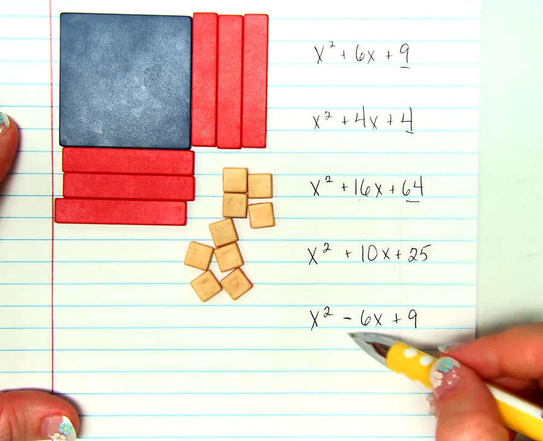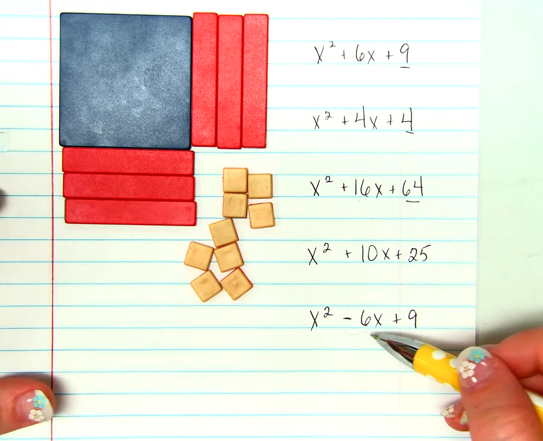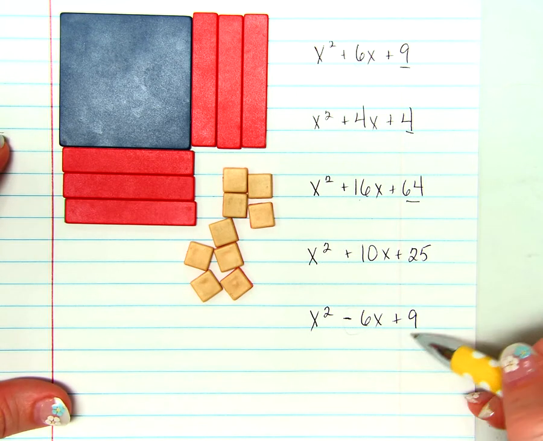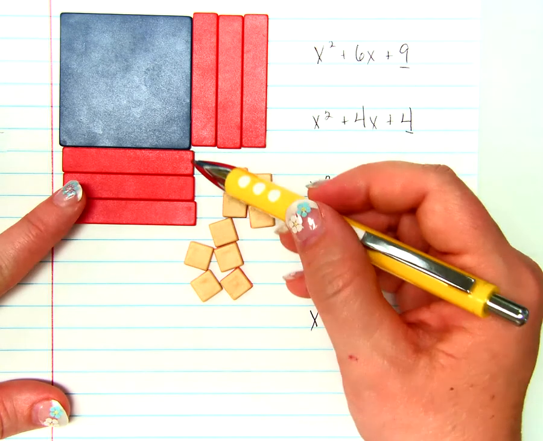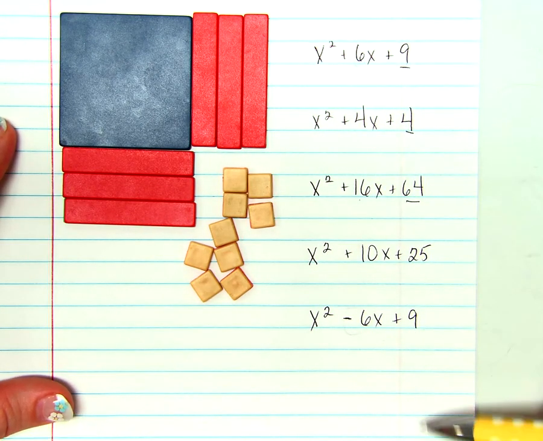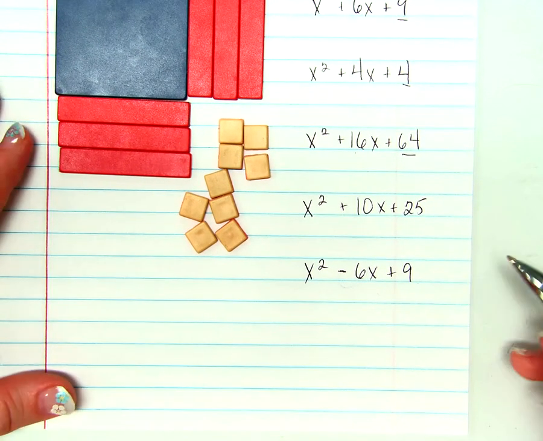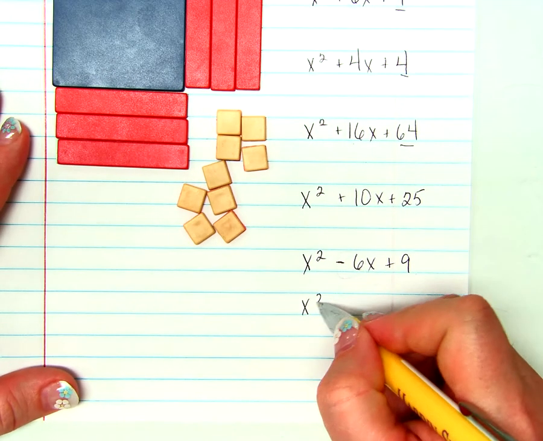Algebraically, if I took this number and divided it by 2, that would be negative 3. Negative 3 squared is still a positive 9. Negative times a negative gives me 9. So will I ever subtract any number right here to complete the square? I hope that you would see that the answer is no.